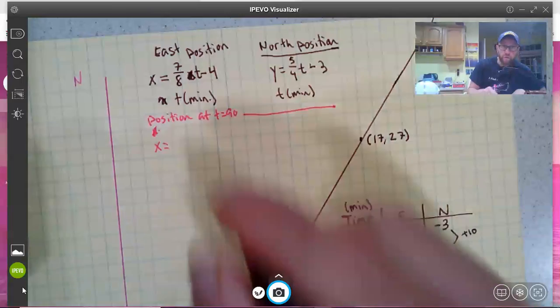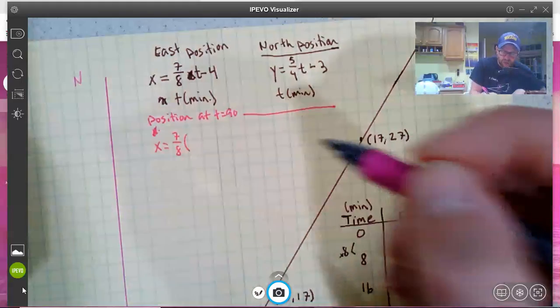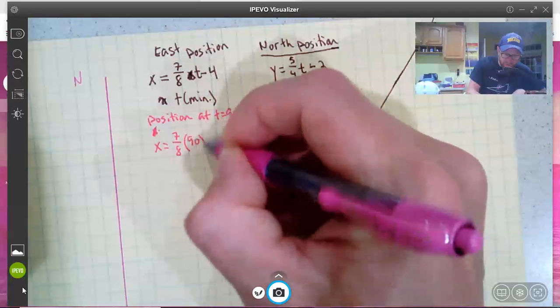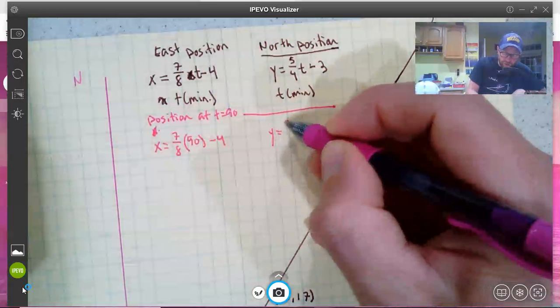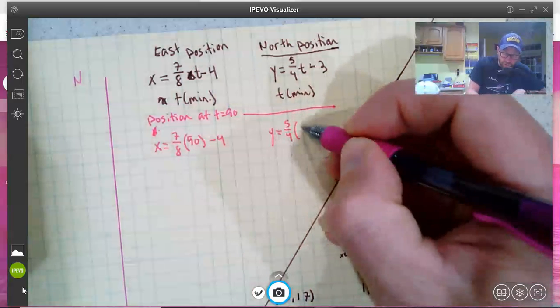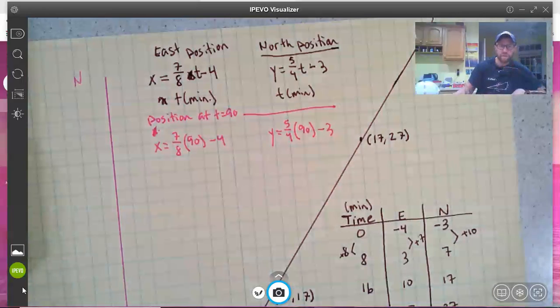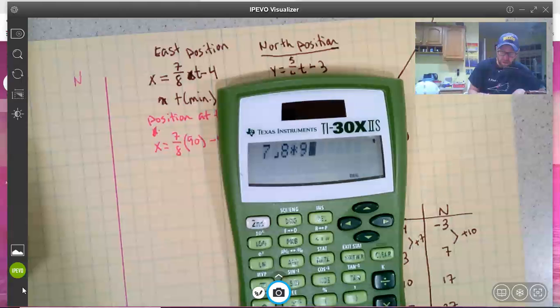So x equals 7/8 times 90 minutes minus 4, and our y position will equal 5/4 times 90 minus 3. And let's just put my calculator out and do that. So let's go 7 ABC 8 times 90 minus 4 gives us 74 3/4.